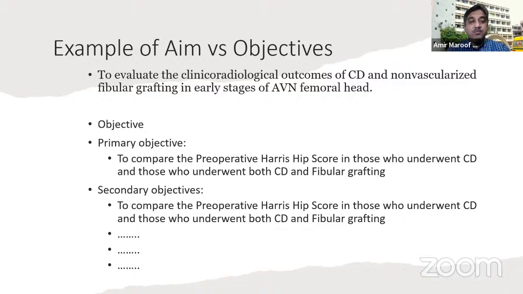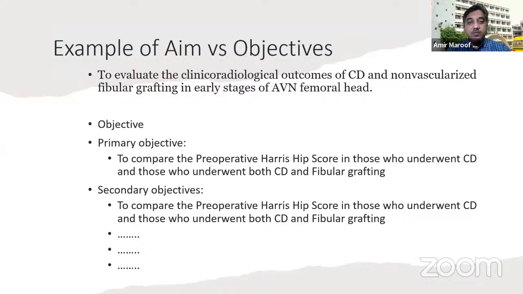One primary objective, because this primary objective will determine your sample size calculation later on, and various other things we're going to discuss regarding methodology. You will have to focus more on the primary objective. This is your study's primary objective, and secondary objectives you can write as many as you want.